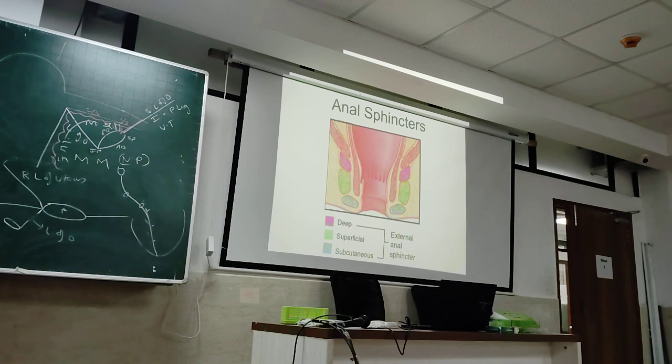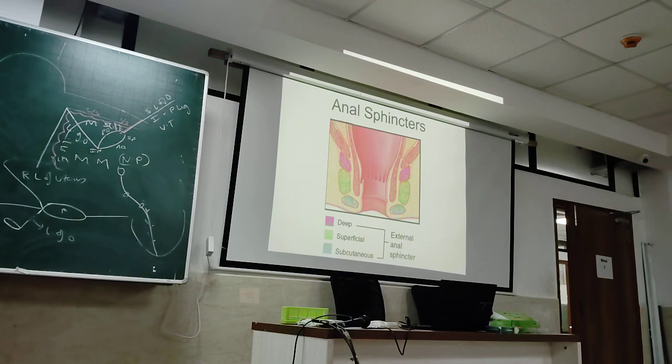The deep external sphincter, the green colored superficial external sphincter, and the blue colored subcutaneous external sphincter. Deeper to all these three sphincters, you can see the circular muscle coat of large intestine has thickened here. That is the internal sphincter, which is smooth muscle.